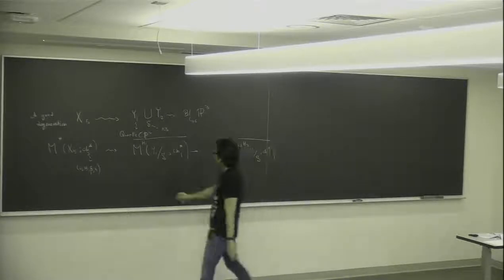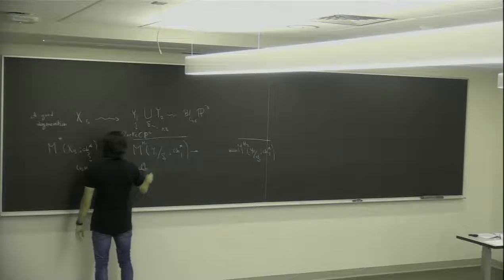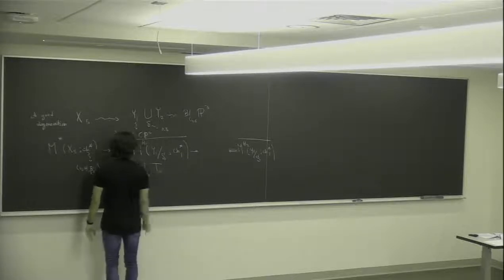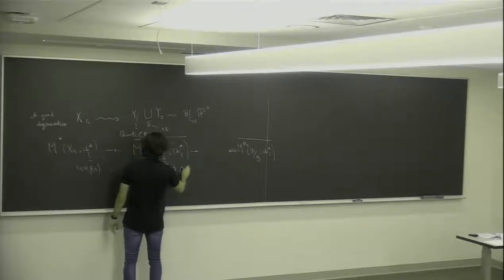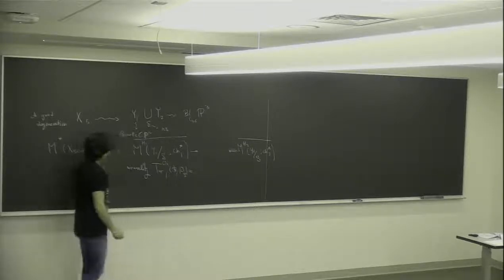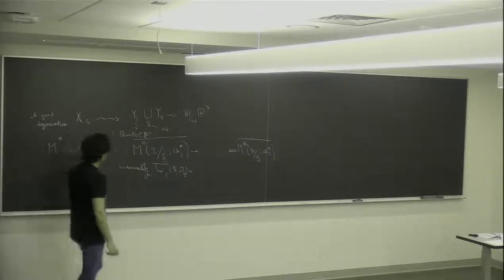This normality condition says that if I take my sheaf Fi, then Tor_1 over O_Yi of Fi with respect to O_S needs to vanish. This normality condition was an open condition, and we needed to compactify based on that.